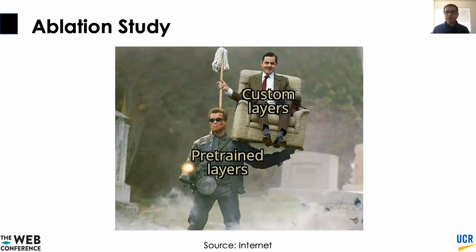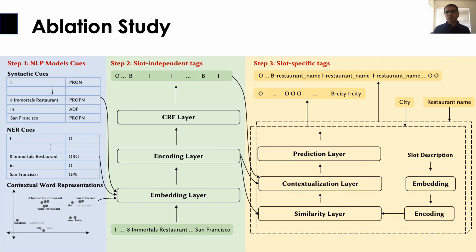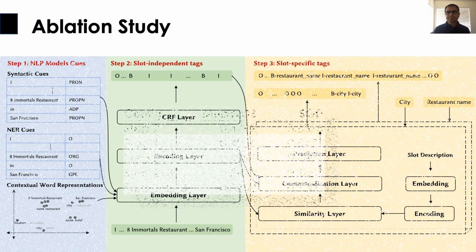With the availability of the powerful pre-trained NLP models, it is highly critical to show whether our custom layers are doing something useful or not. To highlight the role of each step in our model, I present the results of Ablation Study conducted on our model on multi-WOS and SGD datasets, which are challenging datasets.